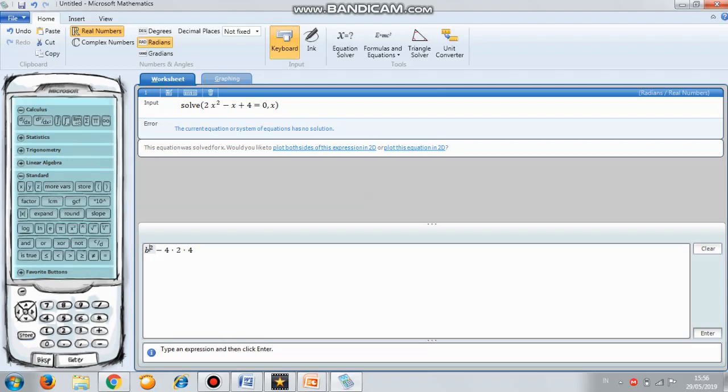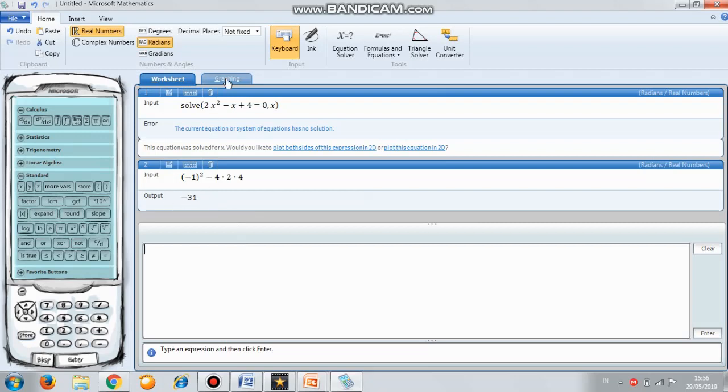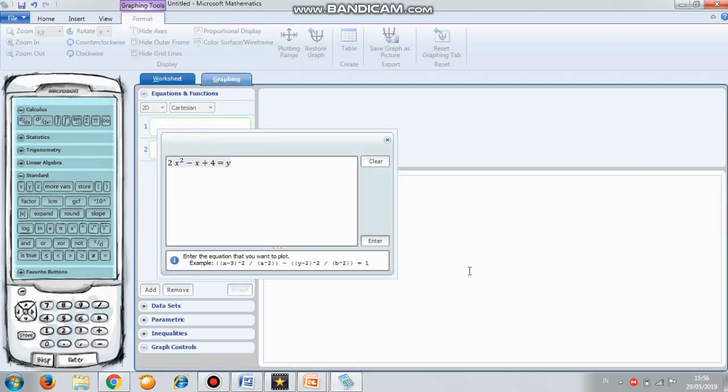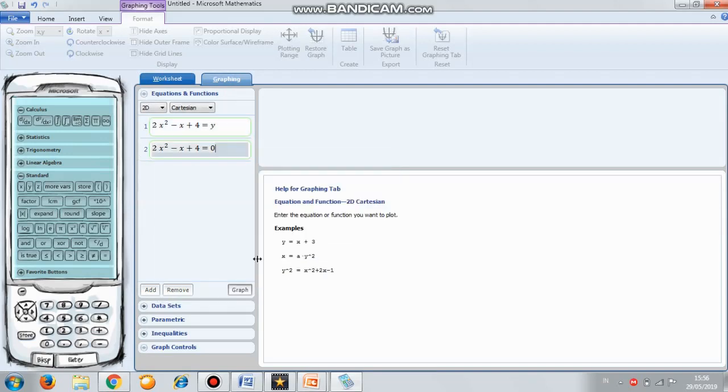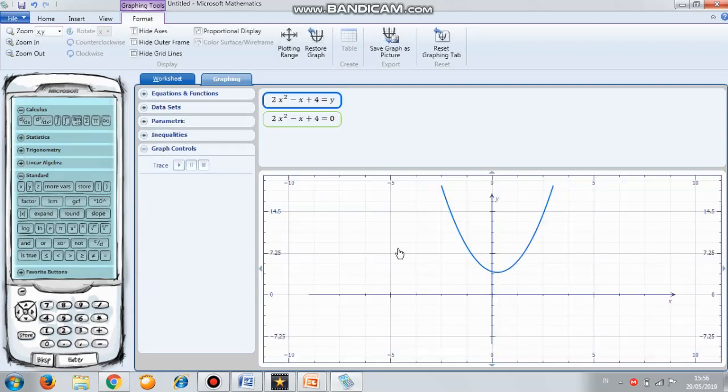The c is 4, a is 2, and b is minus 1. And the result is minus 31. It's a negative number. So we check it on the graph the same way as before. And then trace it. From the graph we know that the graph is not touching the x-axis at any point.